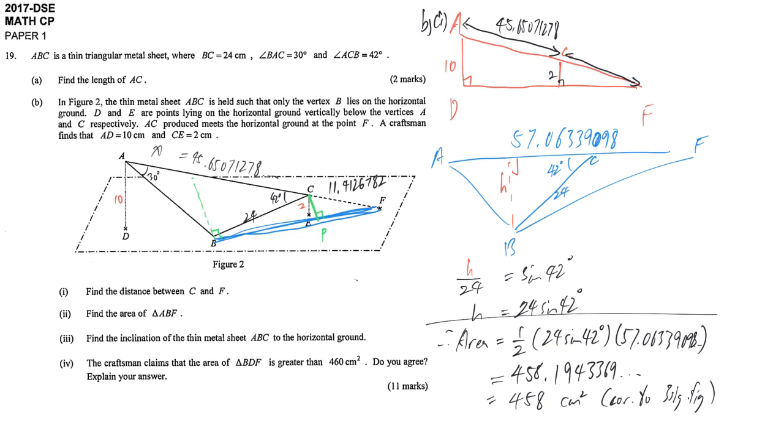Afterward, we have to find a line to represent the horizontal plane. It's much easier, because point E is the projection of C onto the horizontal ground. So we just connect point E to P. Then the angle between these two green lines will be our target, which is the angle between the plane ABC and the horizontal ground.